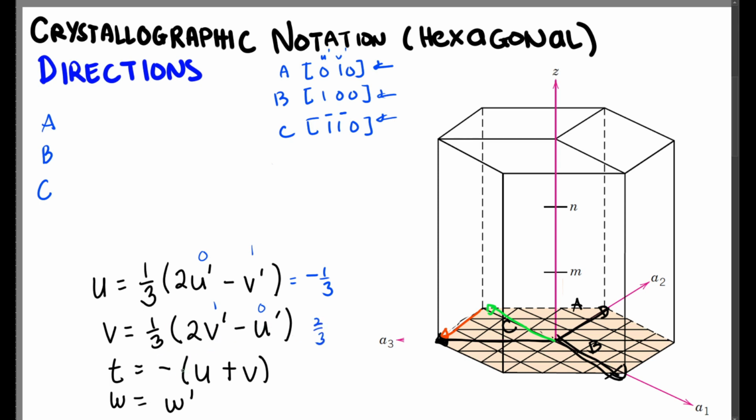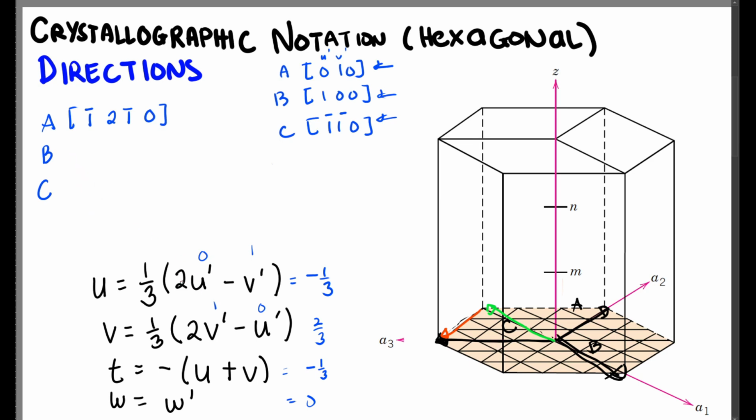And for t, negative u plus v, 2/3 plus negative 1/3 is equal to 1/3, negative, so this will be equal to negative 1/3. And w is just equal to 0. Since these are all fractions, we make them the least integers that we can, multiplying this all by 3. We have 1 bar, 2, 1 bar, 0.